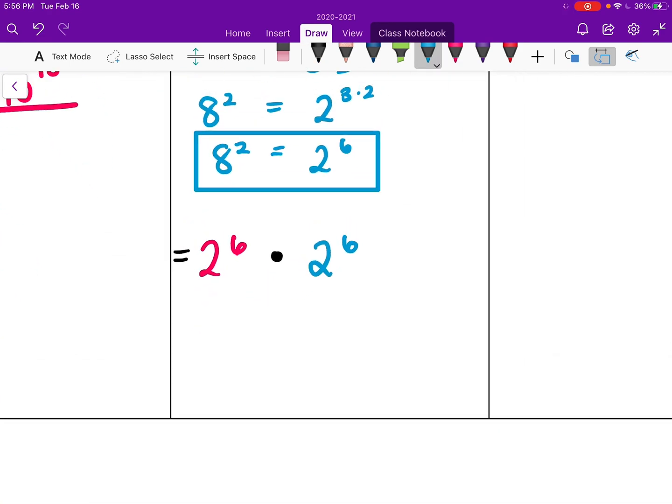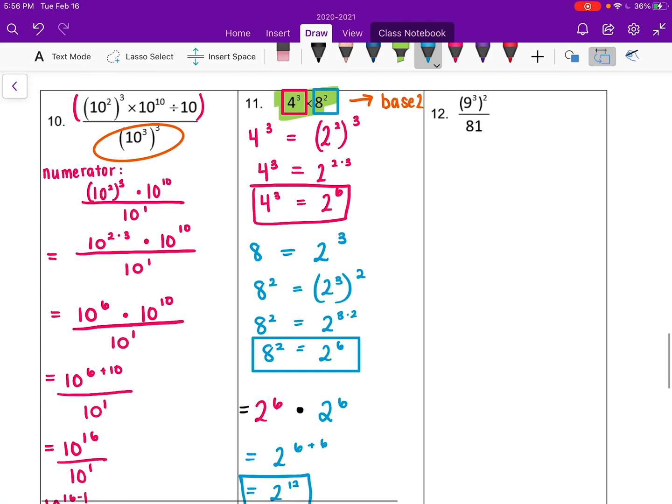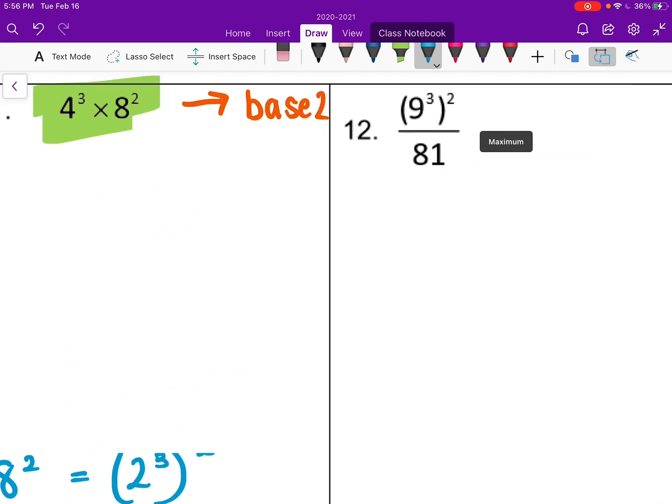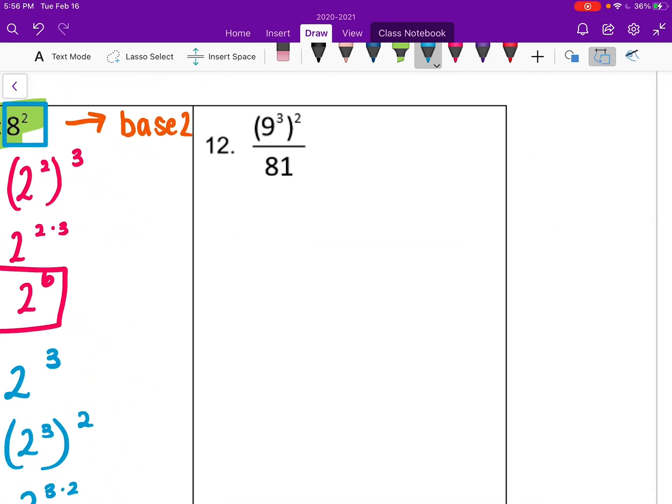They're the same base, so I can just add the two exponents together. 6 plus 6 is equal to 2 to the power of 12. So when you're given different bases, and more often than not, when I give you different bases, what I'm basically going to be asking you is to simplify them into a base that is the same, something we can deal with.